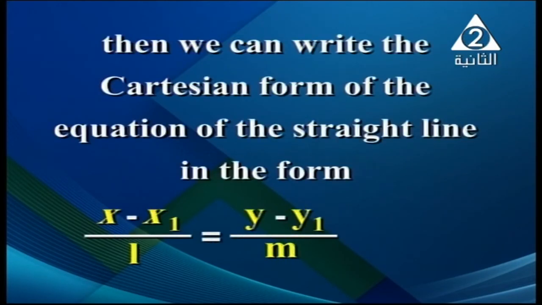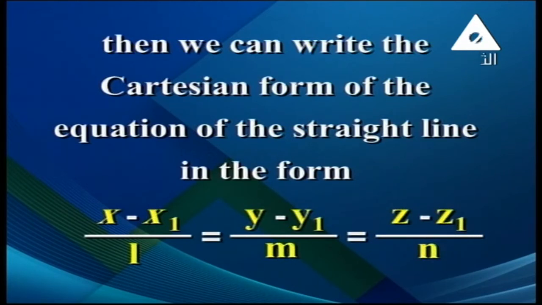Then we can write the Cartesian form of the equation of a straight line as x minus x1 over l equals y minus y1 over m equals z minus z1 over n, where l, m, n are proportional to A, B, C. The direction cosines l, m, n are proportional to the direction vector coefficients A, B, C.